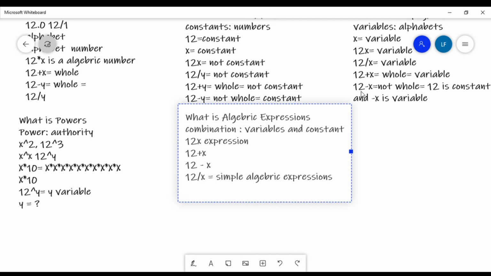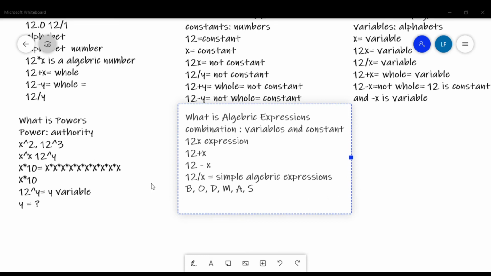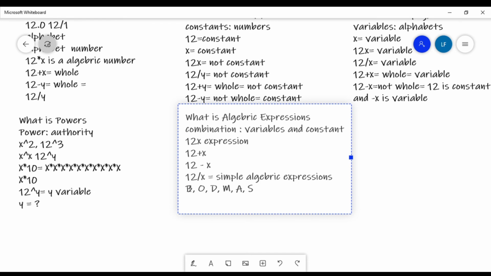They consist of brackets, the of symbol, division, multiplication, addition and subtraction.